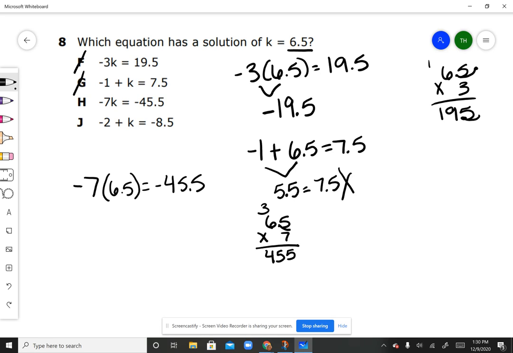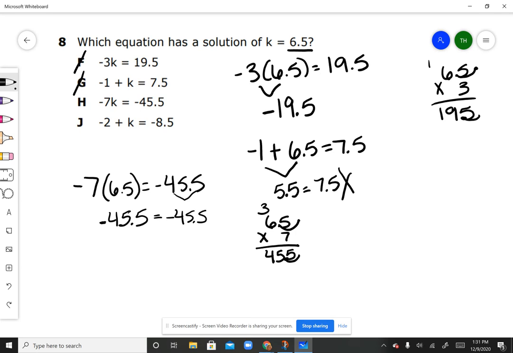I had one decimal I need to move out, so I need to move 1 back in. So 7 times 6.5 is 45.5. If I'm multiplying a negative by a positive, I know my answer is negative, so negative 45.5.